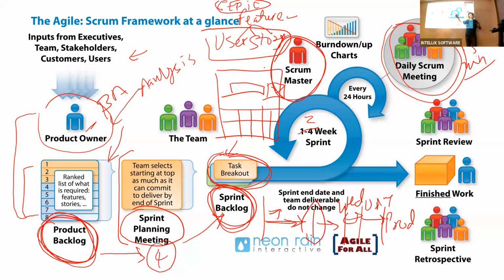This person is responsible to clear the roadblocks. They will reach out to whoever they need to, to clear the roadblocks for delivery within 2 weeks. So he's called the Scrum Master. In the waterfall world, it's a project manager.